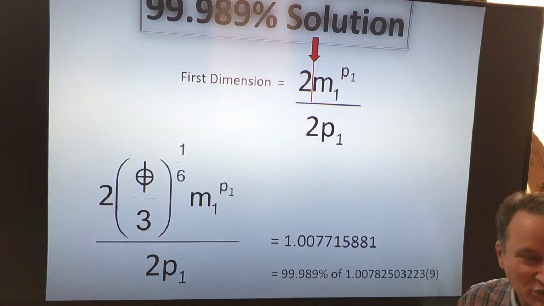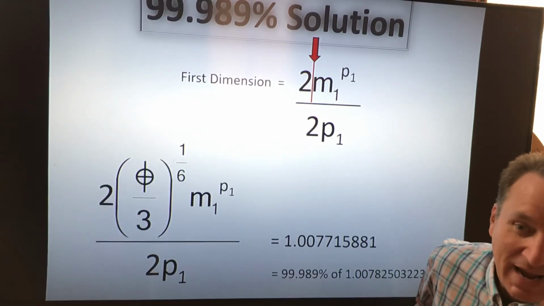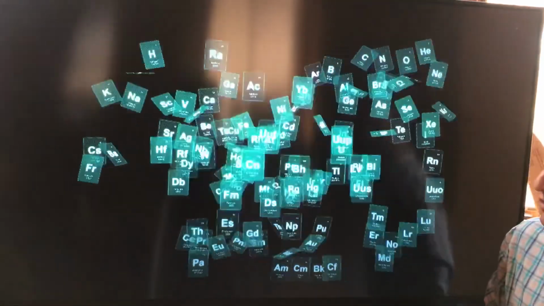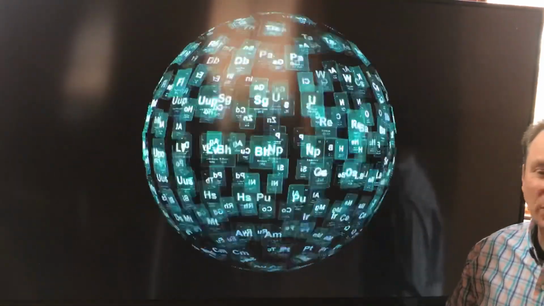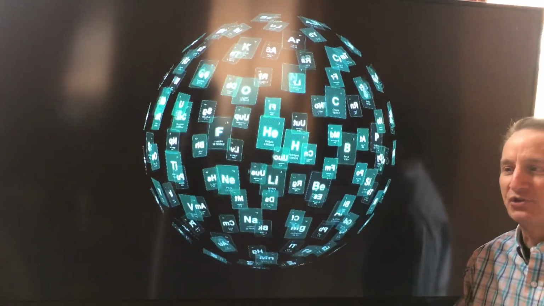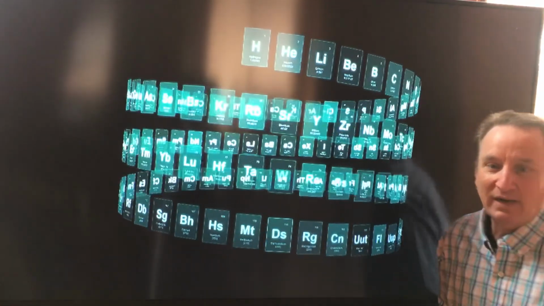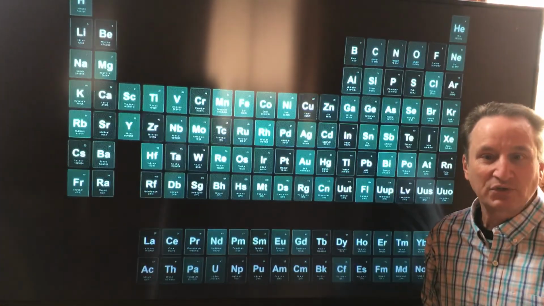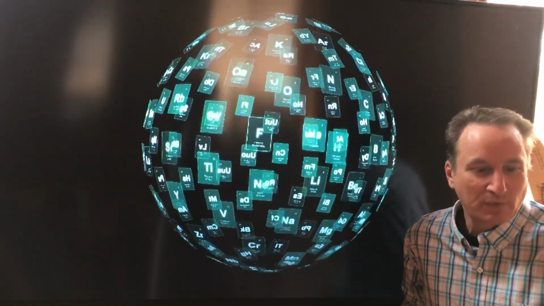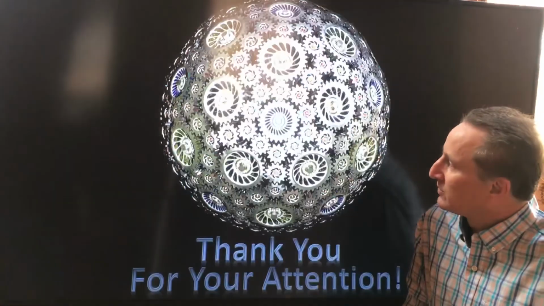The National Institute of Standards and Technology changes the mass of our reality, and it is actually a little different for that. So I just wanted to show that although I've presented the dimension model for the integer, I also do have the 99.989% solution that envisions tying them all together through circular dimensions of space and mass.